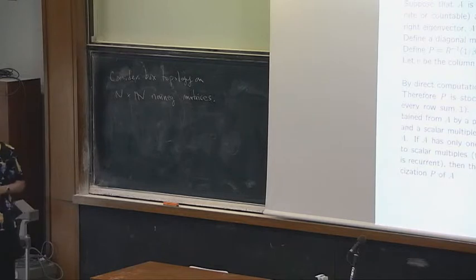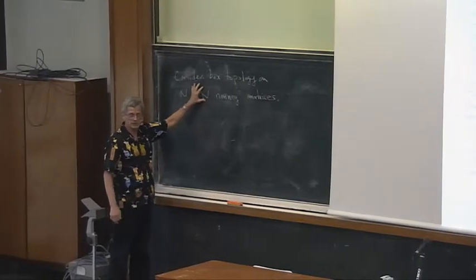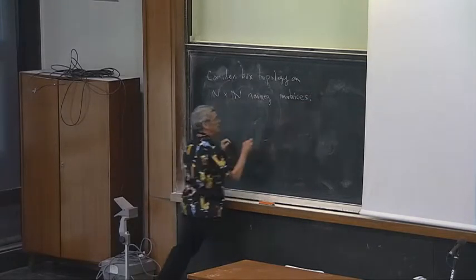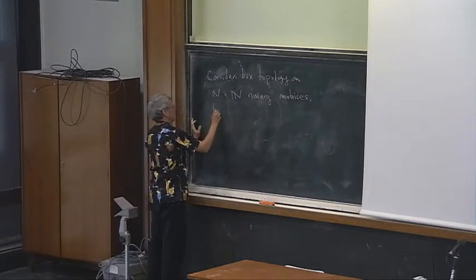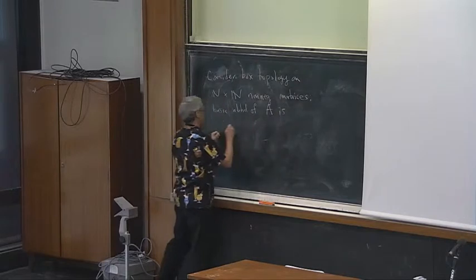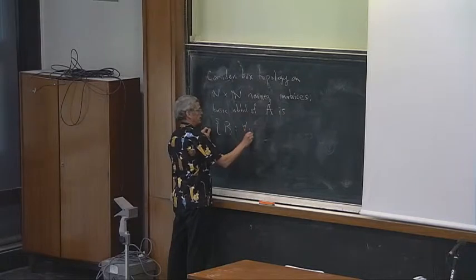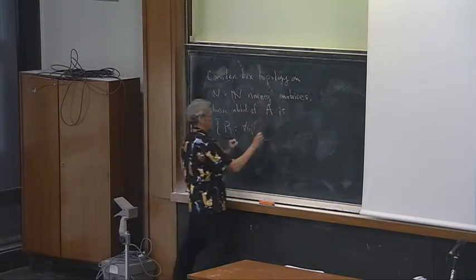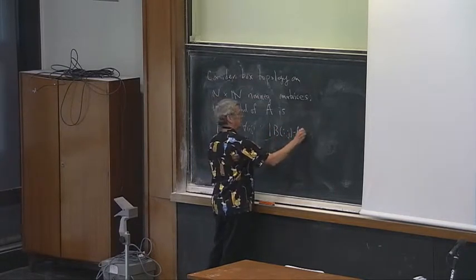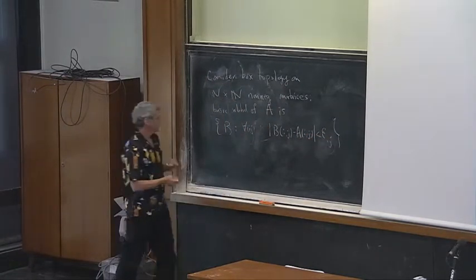In the product topology, an open set is, we'd fix finitely many entries and allow them to vary by some epsilon. So what's a basic neighborhood of A? It's a set of B such that for all entries ij, the absolute value of b_ij minus a_ij is less than epsilon_ij.